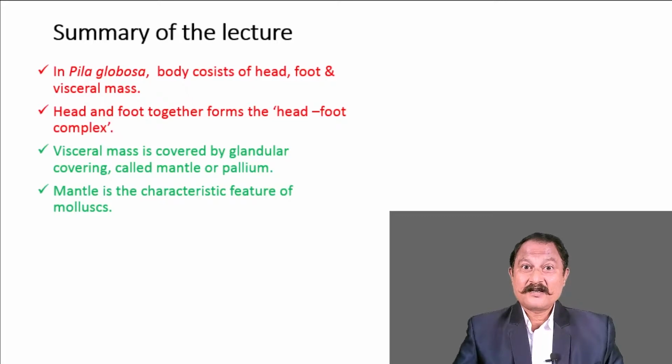Head is situated anteriorly, foot is situated ventrally, and mantle is situated at the dorsal side. Means mantle and foot are in opposite directions, dorsal and ventral, while the head part, which is situated at the anterior side, comes forward a little bit from the mantle and foot.